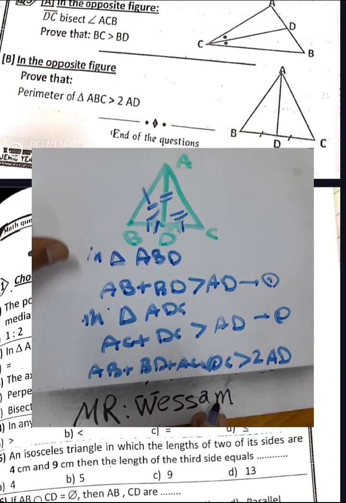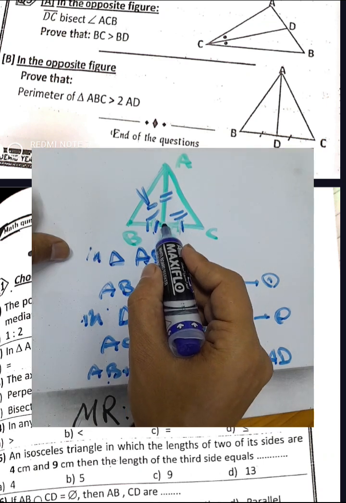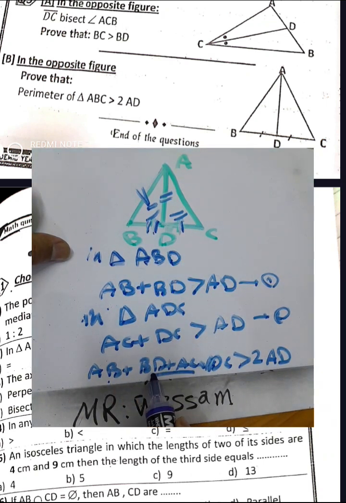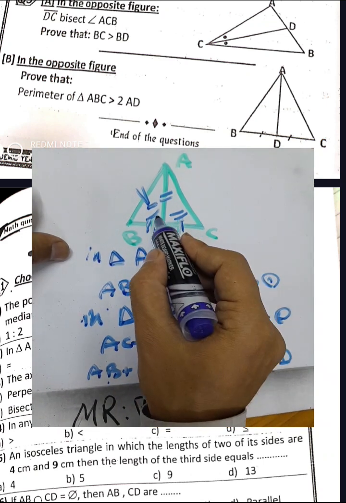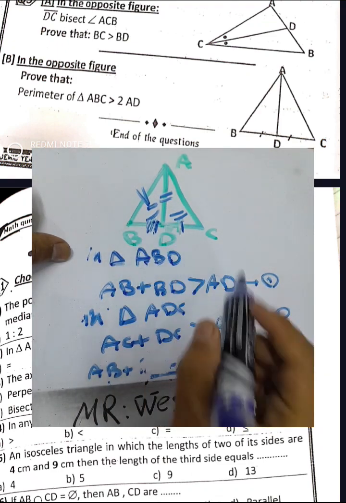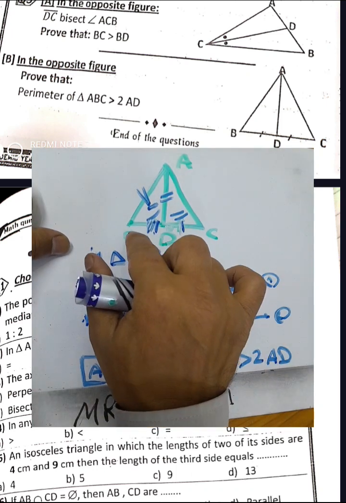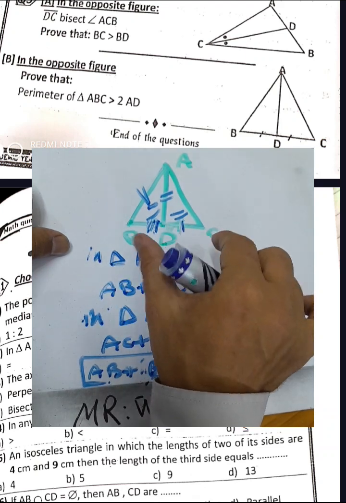And then AB plus BD plus DC, okay, BD plus DC we can combine and write the line segment BC. Then AB plus BC plus AC, okay, I add BD plus DC equal BC here.